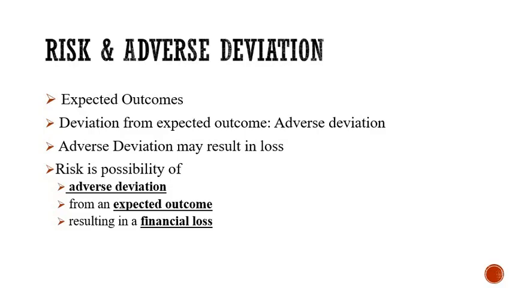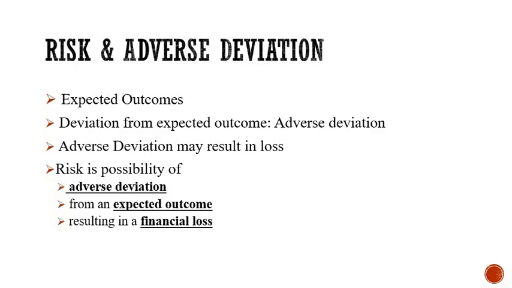If it results in a financial loss, then there is a possibility of addressing such loss through insurance. There could be other losses such as emotional loss, sentimental loss, etc., which cannot be addressed by insurance.